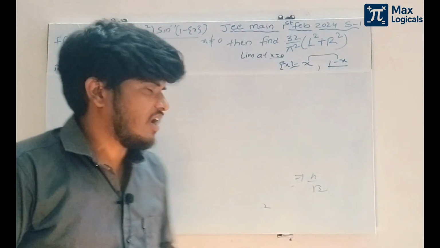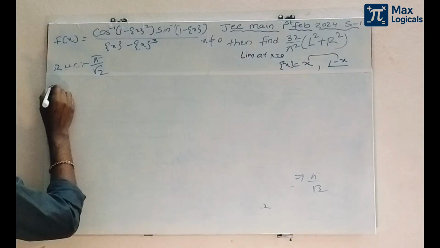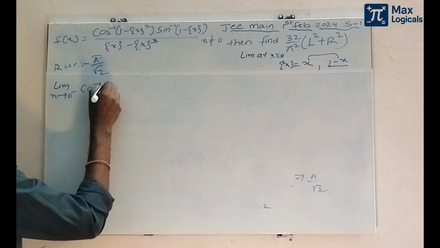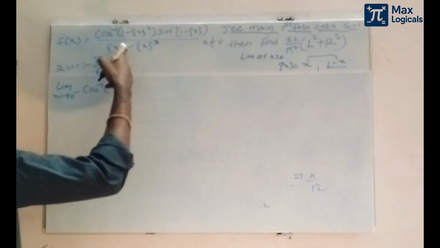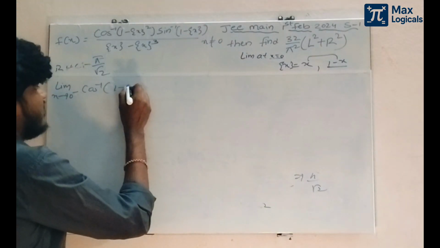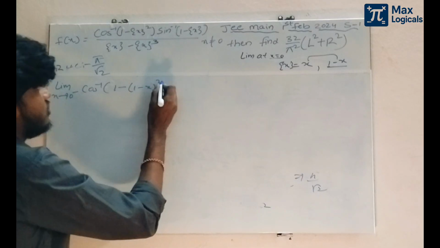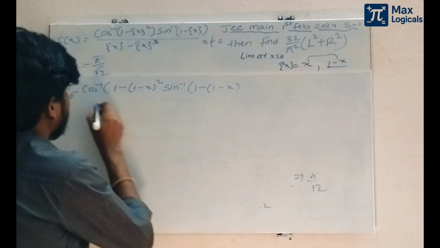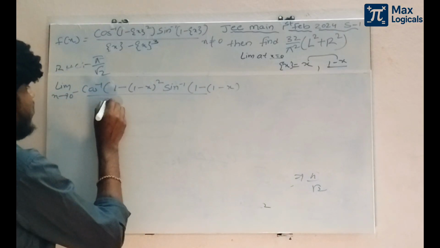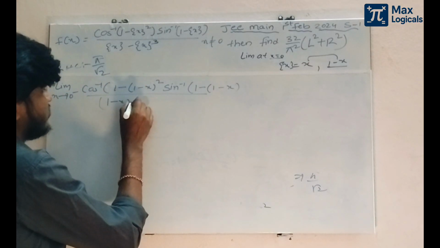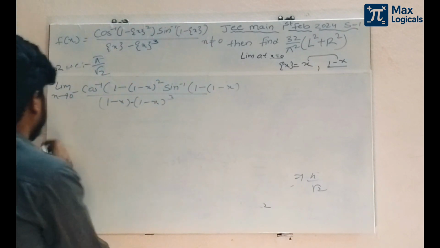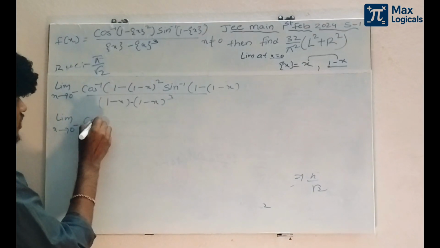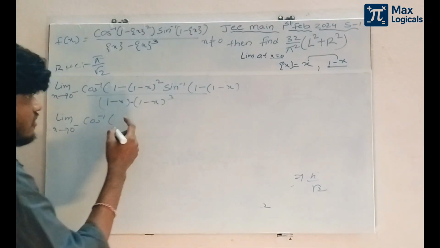Now we are finding the left hand limit, that is, limit x tends to 0 minus of cos inverse of 1 minus (1 minus x) whole square, sin inverse of x divided by 1 minus x, minus (1 minus x) whole cube.